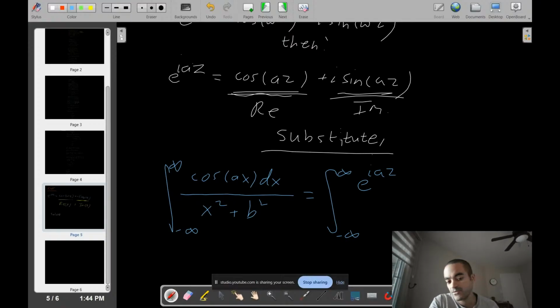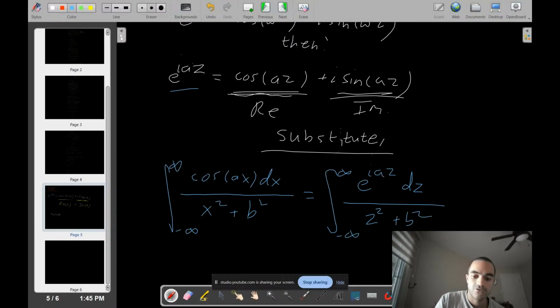When we're doing this, you go from x space to z, from the x coordinate to the z coordinate, because we're doing contour integration in terms of z. So now it's e to the i a z, taking the real part, dz divided by z squared plus b squared. And now it's correct notation, okay?